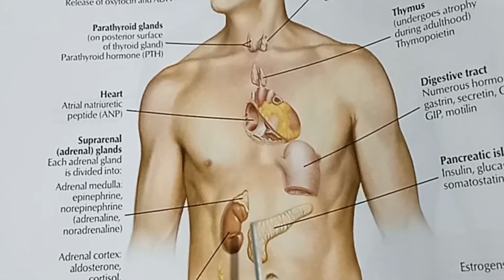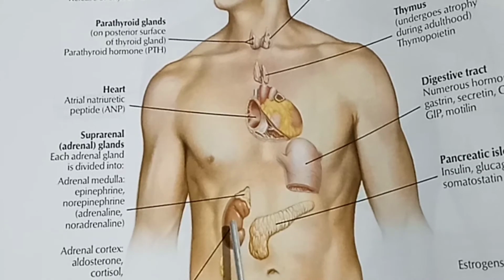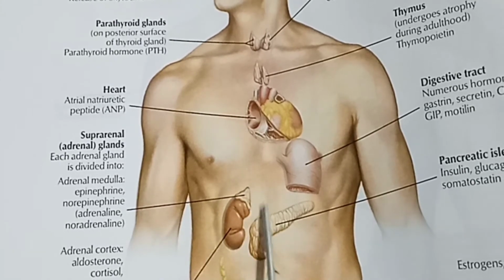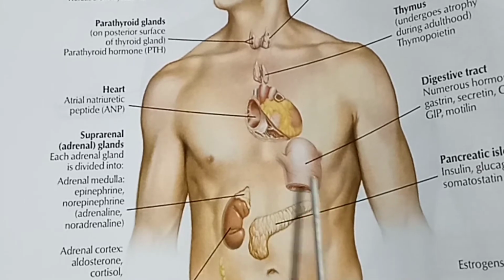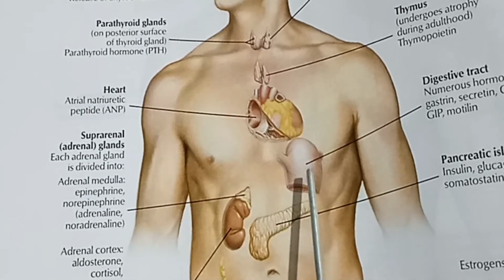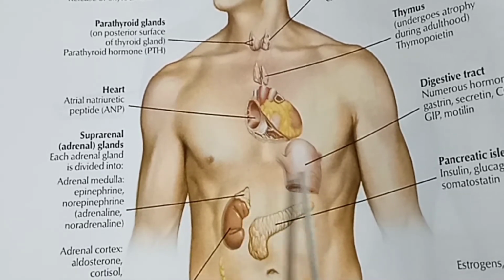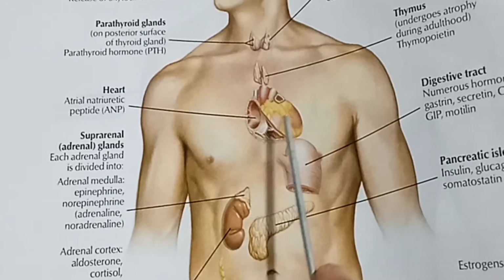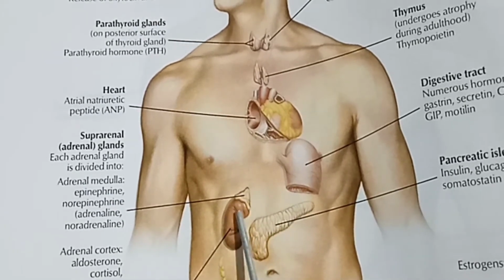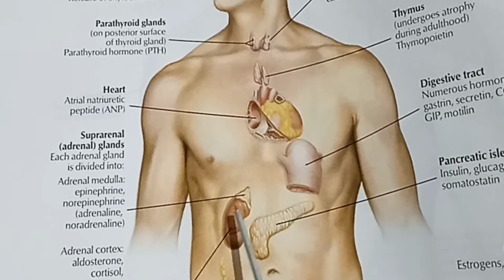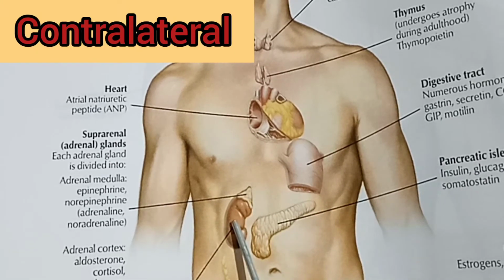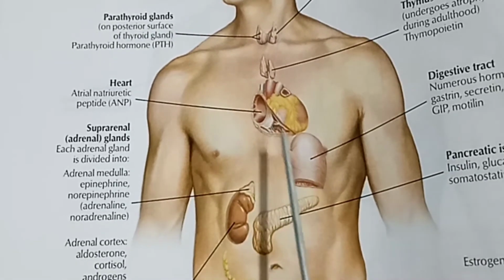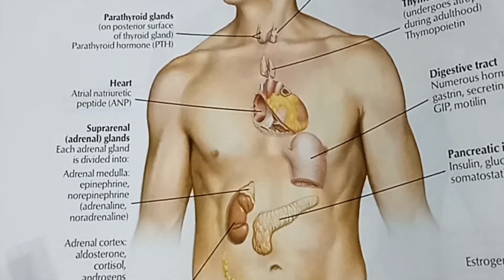While if you have a structure, for example, in the right side as this right kidney, and another structure on the left side like the heart or the stomach, you describe the relation of the kidney to the heart or the relation of the right kidney to the stomach as contralateral, which means that the kidney is on the right side while the heart or the stomach is in the left side.